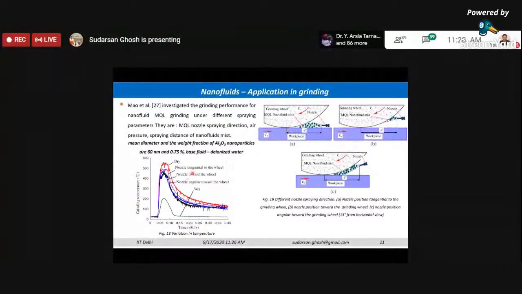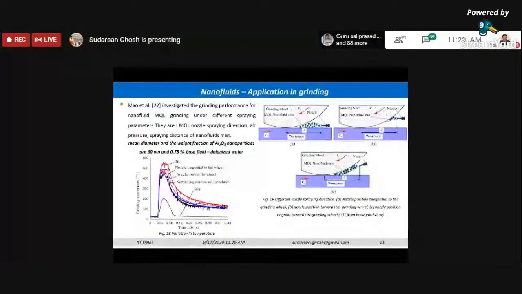What we observe here is that if you are using MQL, then the position of your MQL nozzle is very important, because based on the position of the nozzle, the temperature reduction can happen. As you can see, for different nozzle positions, the reduction in temperature is different.